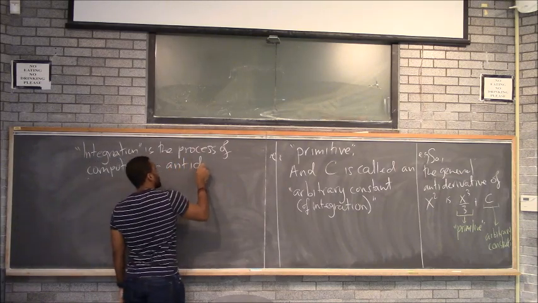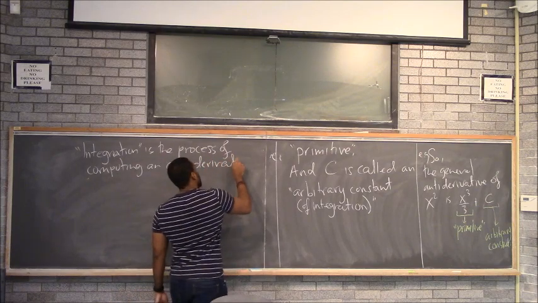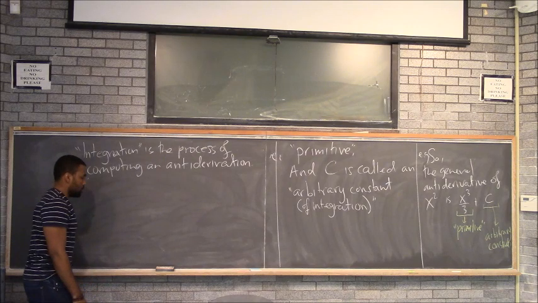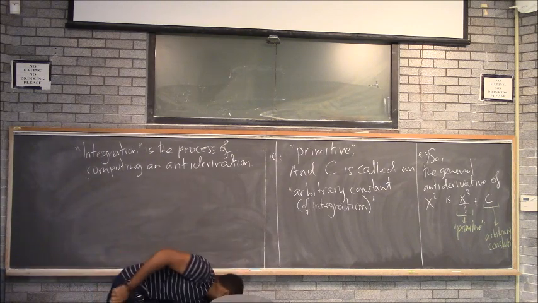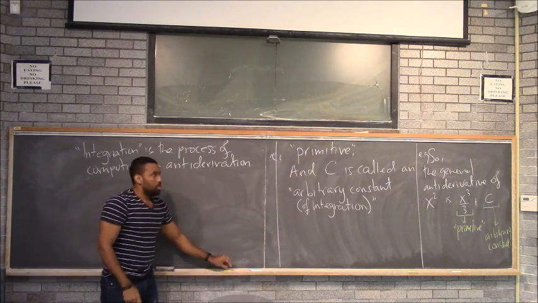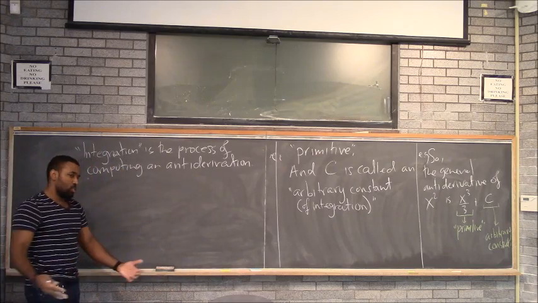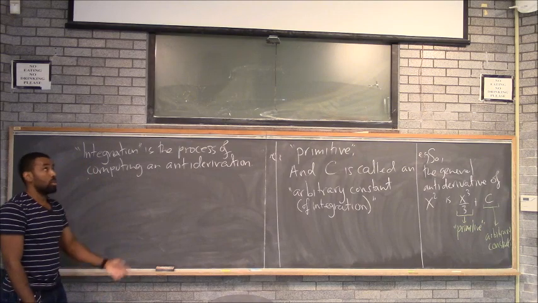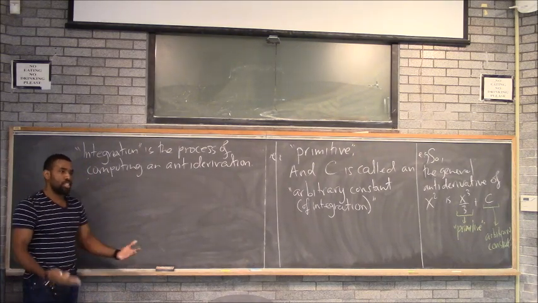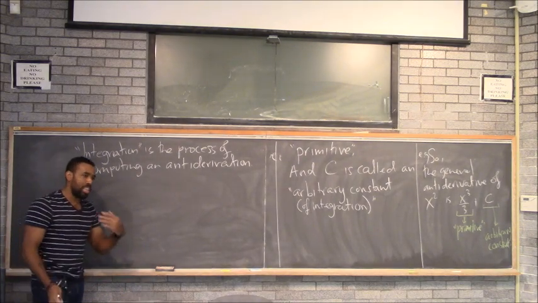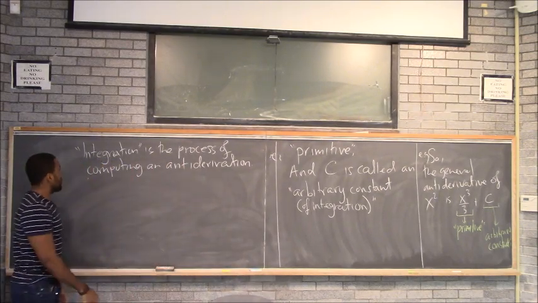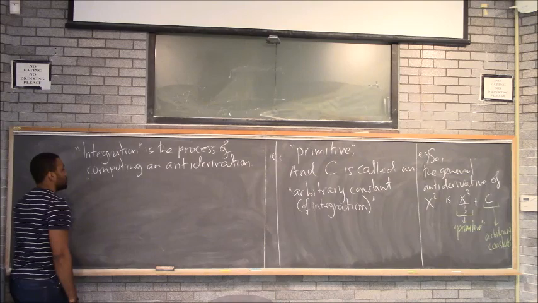So we call the process integration. So the verb is integrate. So if I ask you the question, find an antiderivative of x squared, an equivalent instruction would be, integrate x squared. I can say that phrase to you, and you should know that I mean find an antiderivative. They're interchangeable.